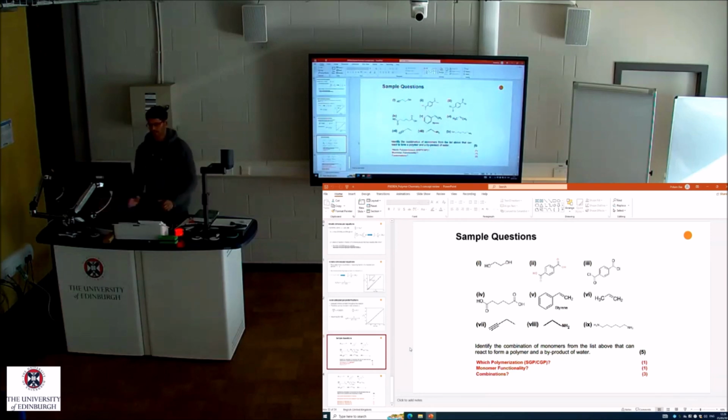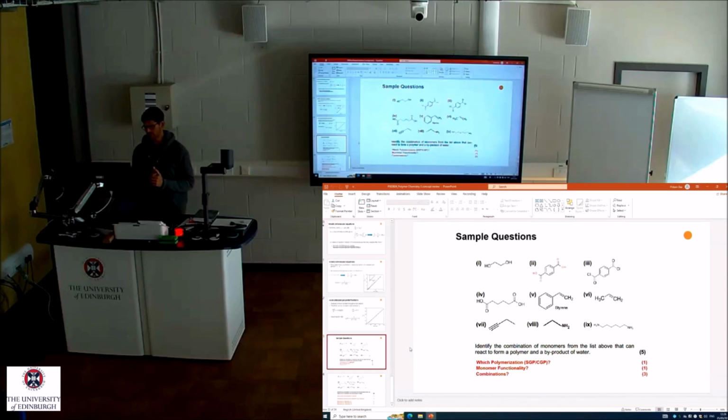Okay. One of the sample questions was actually sent by Sam. Here you have different examples of monomers, and from here you have to choose a combination of monomers which will give you, first of all, a polymerization by SGP or CGP.